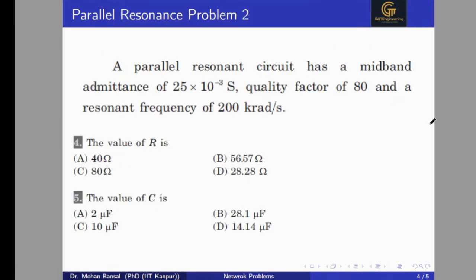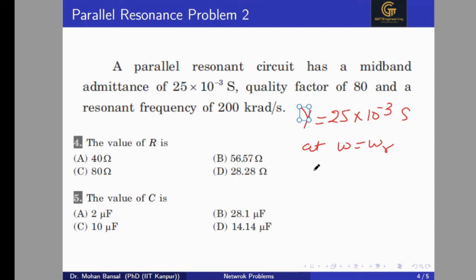Let's solve this problem also. In this problem, we are given a parallel resonance circuit with mid-band admittance Y, which is 25 into 10 raised to the power minus 3 Siemens at omega equal to omega R. Mid-band means omega equal to omega R, at resonance frequency.